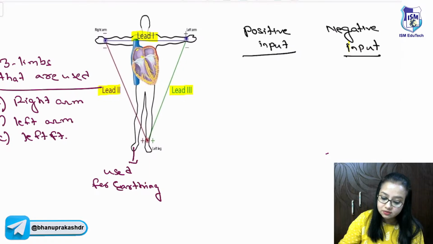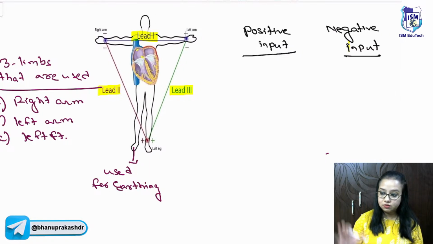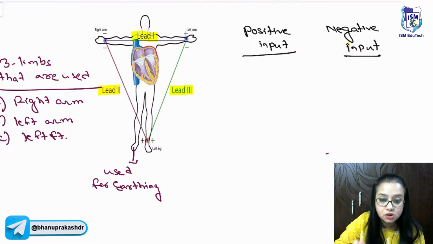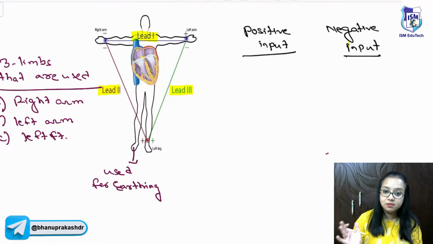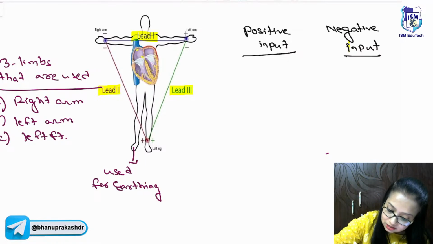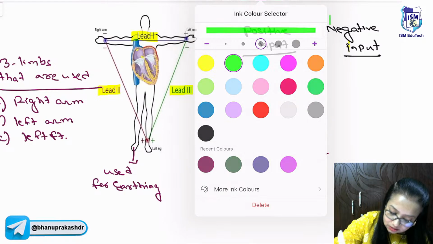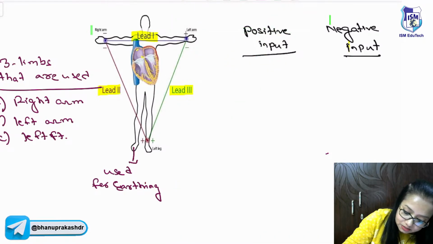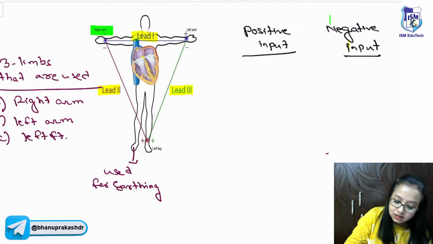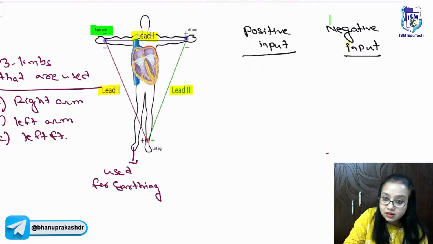Now, a very easy way to remember which limb is positive and which limb is negative in each lead. Instead of mugging up, always remember the right limb, as you can see in the picture here. The right limb, that is the right arm. In whatever lead we are using, whether it is the first lead or the second lead, in the right arm, it is only the negative electrode that is being connected.